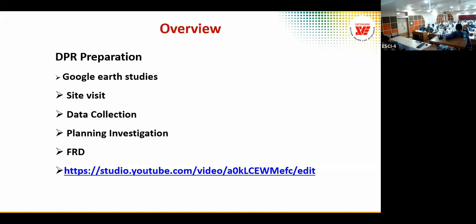We collect the data on climatic conditions, access, availability of resources, and the geographical conditions of that location, whether it is forest, livability, habitation, all these things. We get the data, and it is followed by a compulsory site visit.